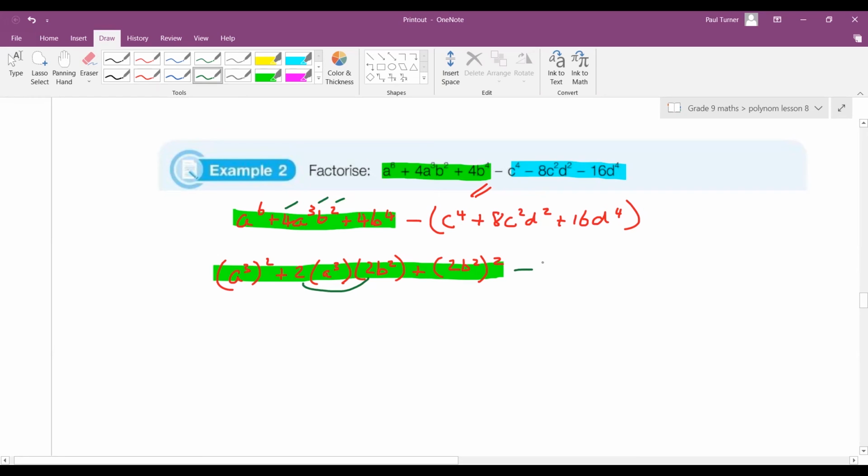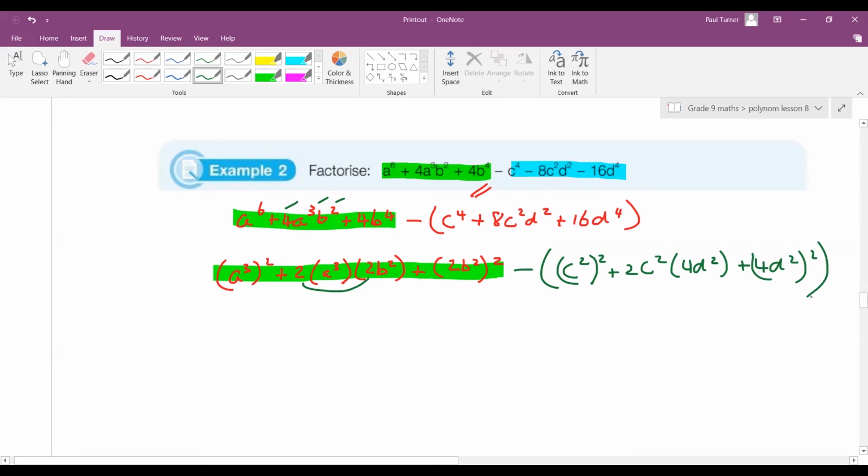And then we can do the same for this one here. So we've got c^2 squared plus 2c^2. And the last term is 16d^4. So that would be (4d^2) squared.